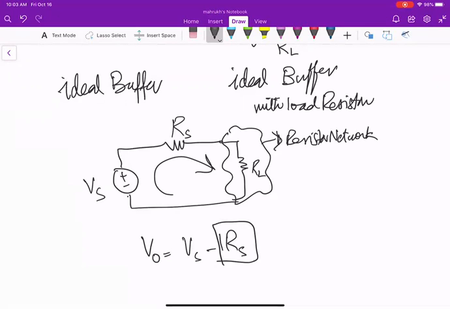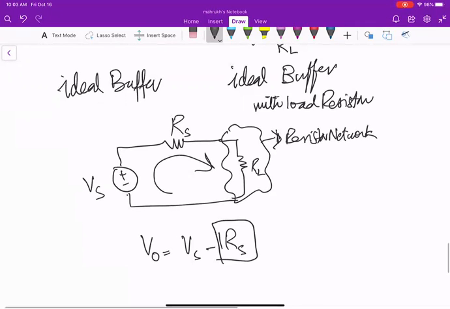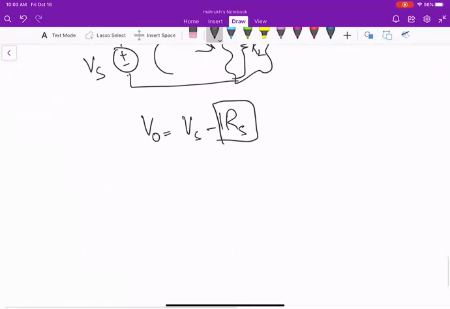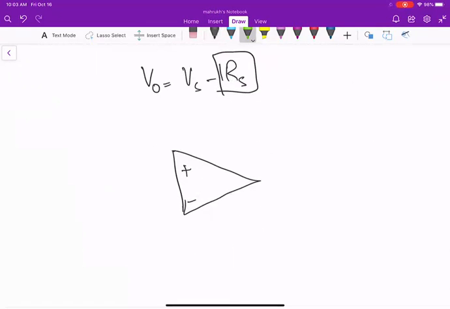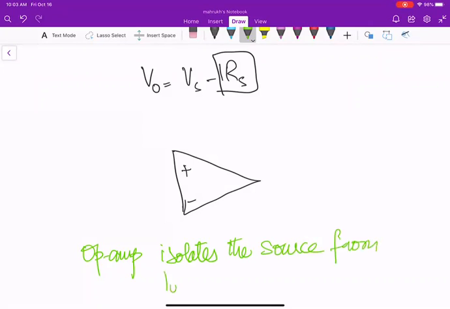To avoid that scenario, V naught should not be dependent on your source voltage. That's why we always try to put an op amp or the buffer in between them, because the op amp isolates the source from the load.